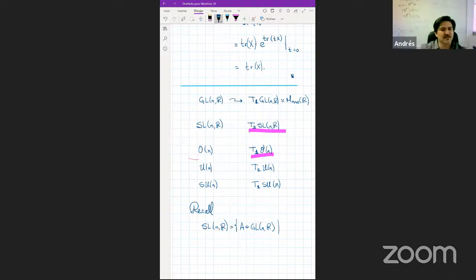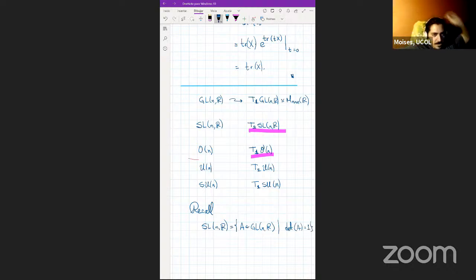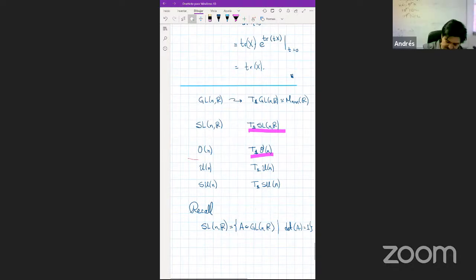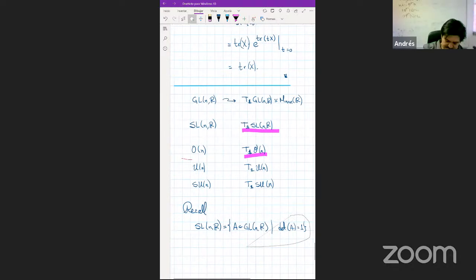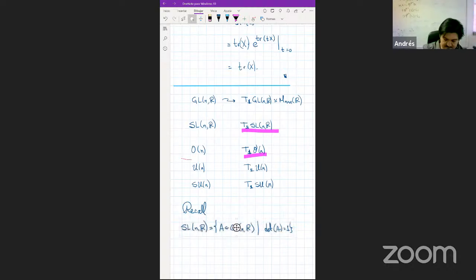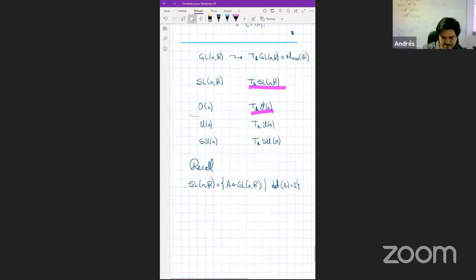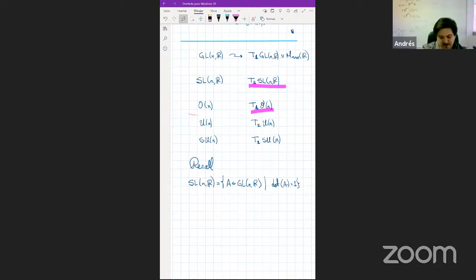The group SL is the set of non-singular matrices such that the determinant is 1, right? Okay. So take any vector.